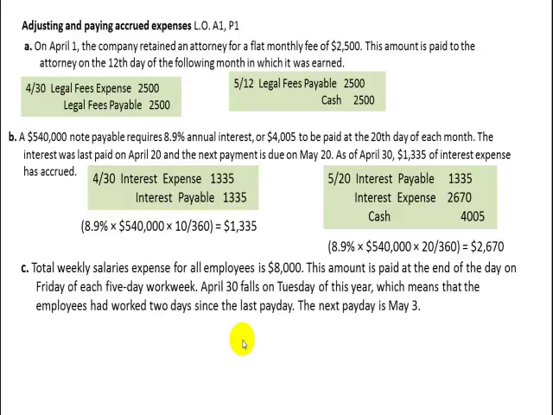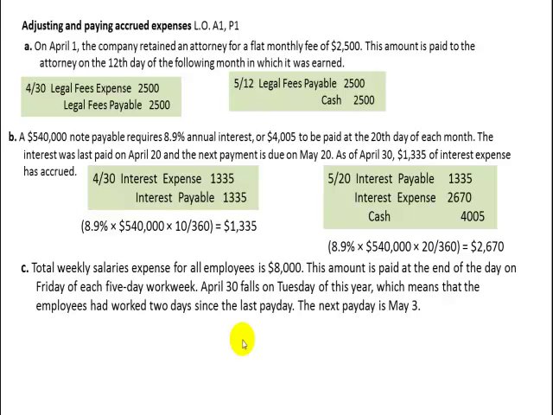Part C, it says we have total weekly salaries expense for all employees is $8,000. This amount is paid at the end of the day on Friday of each 5-day work week. April 30th falls on a Tuesday this year, which means that the employees had worked 2 days since the last payday.